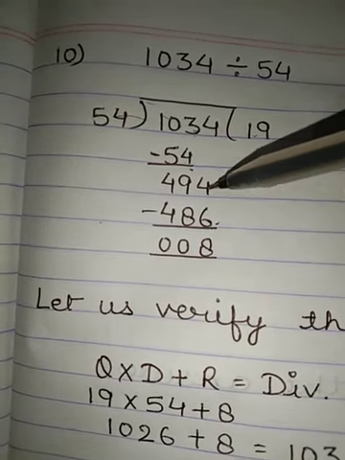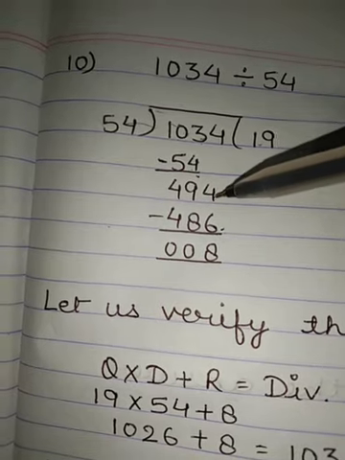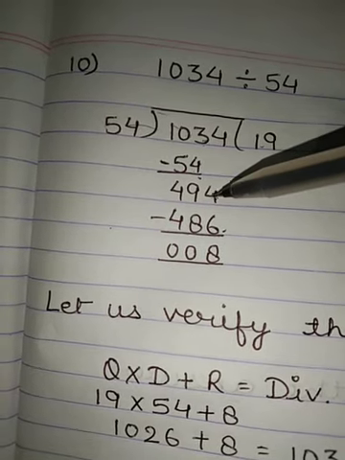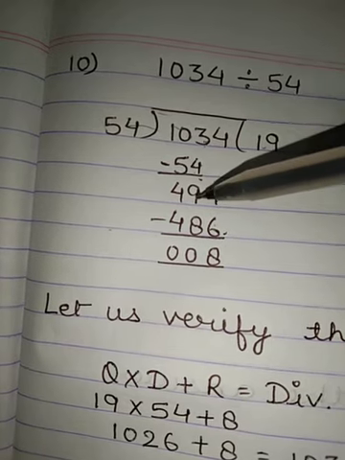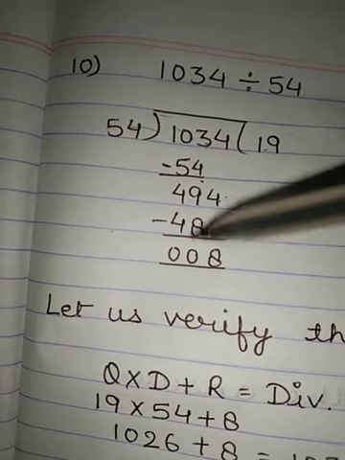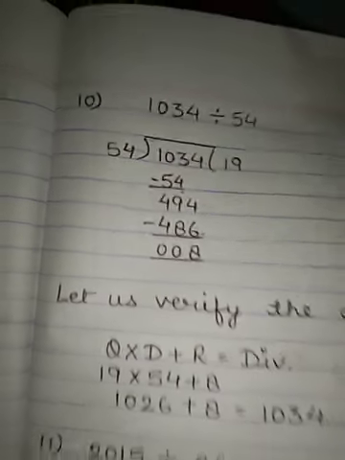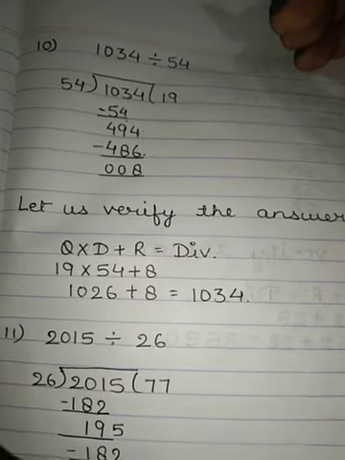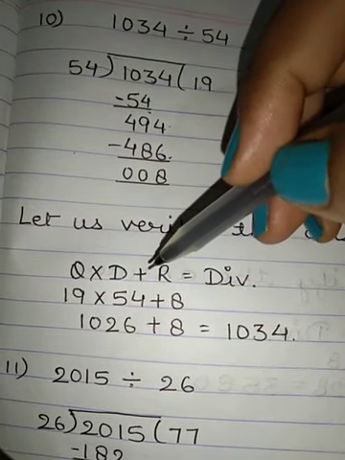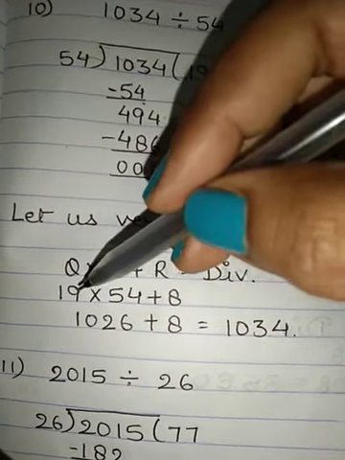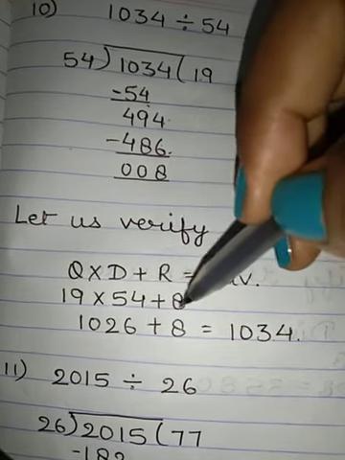Now we will subtract 6 from 4, so it can't be subtracted, so 4 will borrow 1 from 9. 14 minus 6 is 8. It will remain 8. 8 minus 8 is 0. 4 minus 4 is 0. Let us verify the answer now. Quotient multiply by divisor plus remainder is equal to dividend. 19 multiply by 54 plus 8.